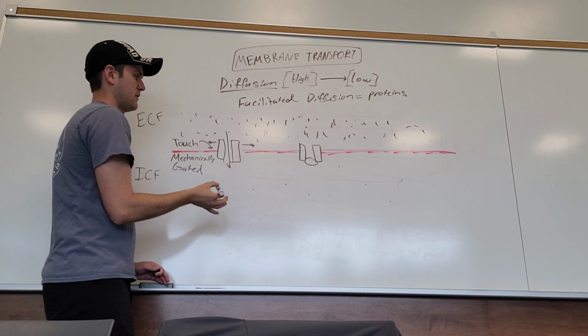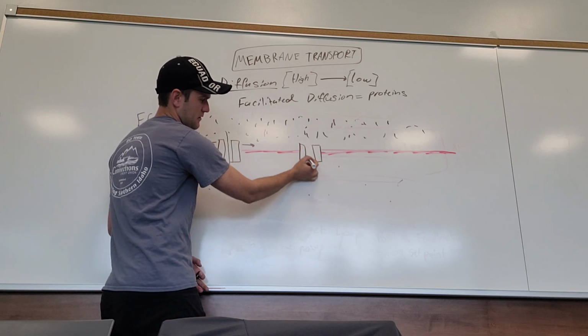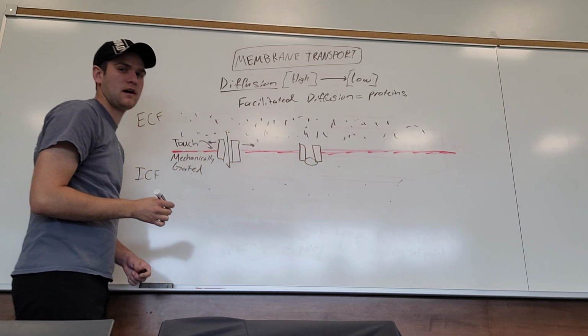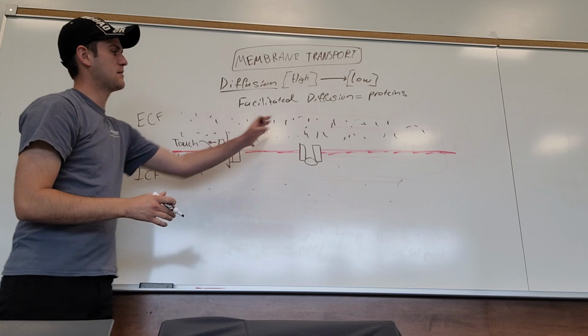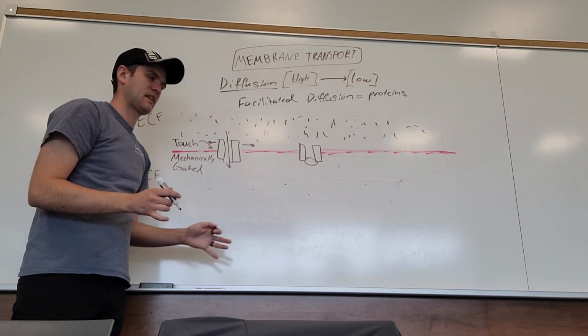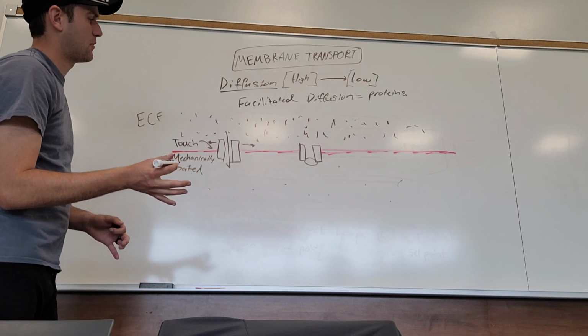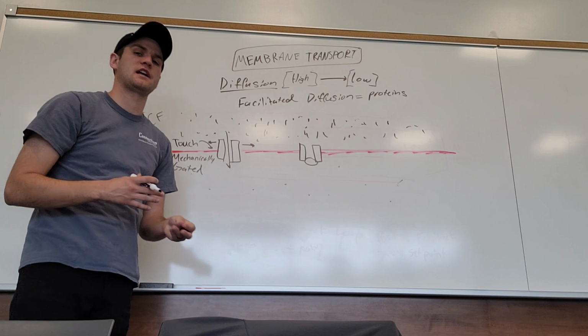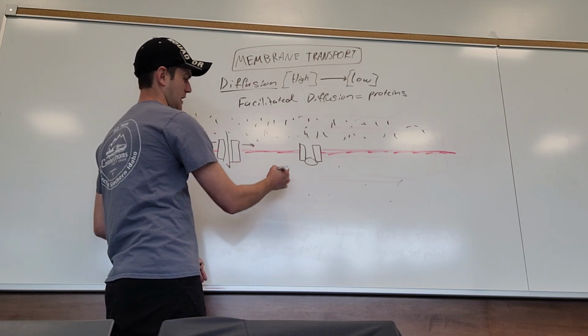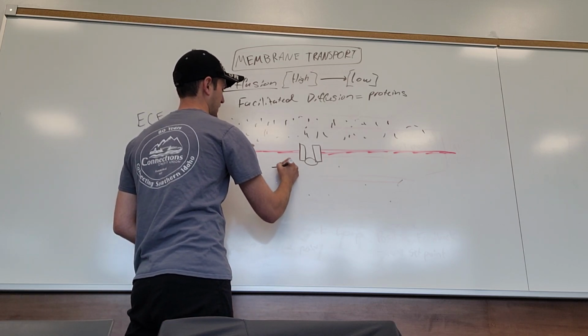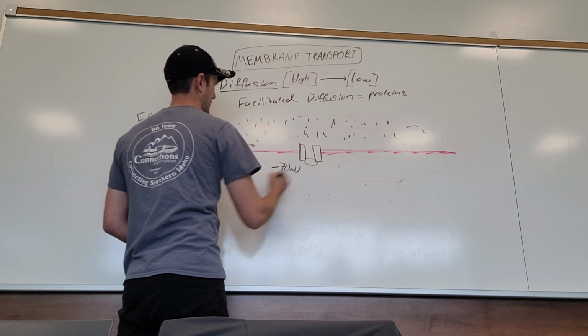Now, it looks like it's open, but there's actually some sort of a gate, some sort of a blockade there that keeps our solutes from moving through. Now, this protein is going to open via change in voltage. So say we're at a resting potential of negative 70 millivolts.